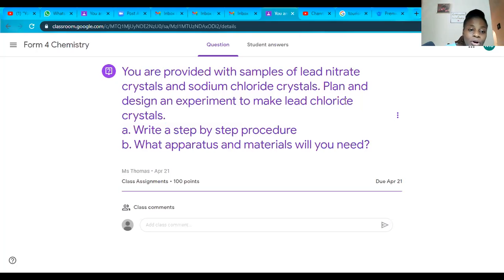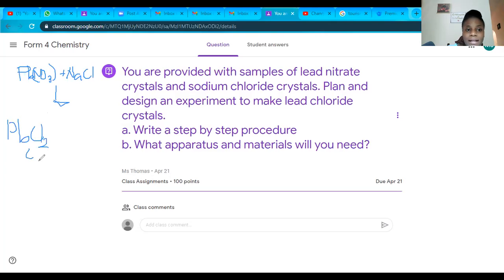Now the lead chloride will be floating in there with which other substance? So follow me now. Sodium nitrate. It would be sodium nitrate. Very good. Because look, you have lead nitrate, and you have sodium chloride, right? So you're trying to make lead chloride, which is going to be the precipitate.